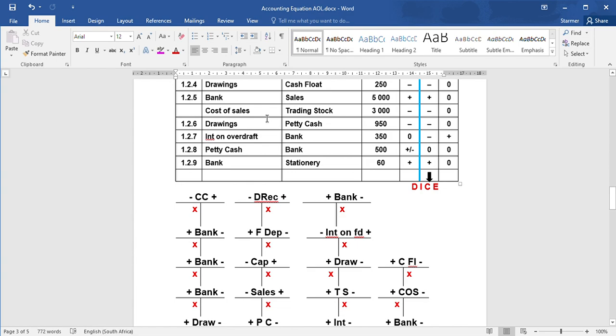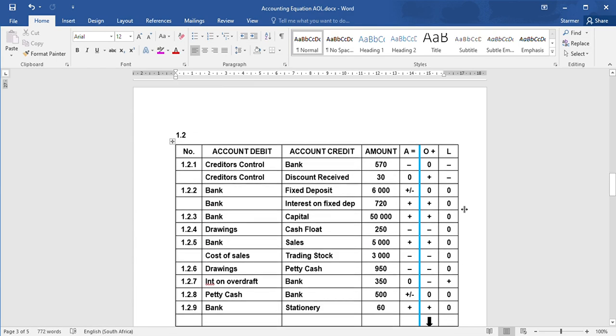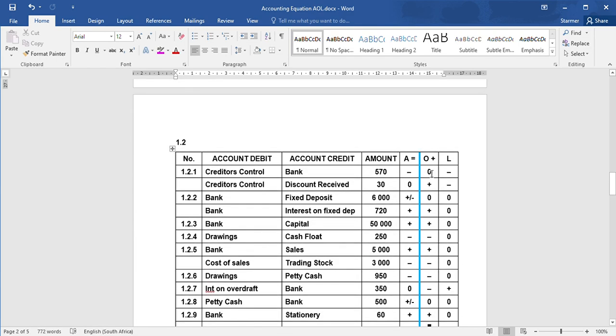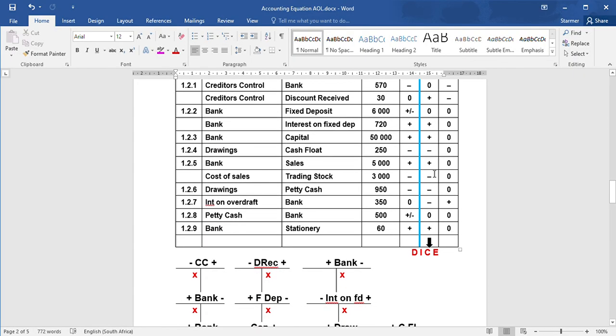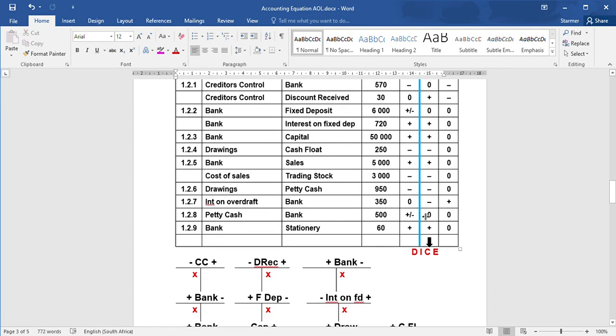The higher your expenses, the lower your worth of the business, so it's minus under your owner's equity. Now if you have a look over here, we've added 5 and we've subtracted 3. The difference is 2,000, and that will be the amount of profit that the business has made. 2,000 Rand.